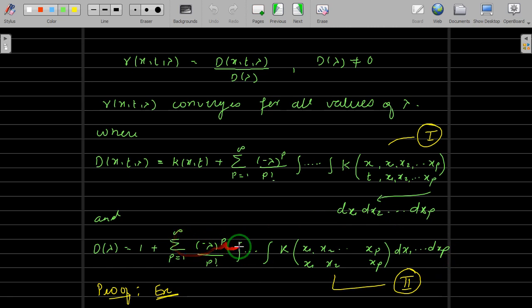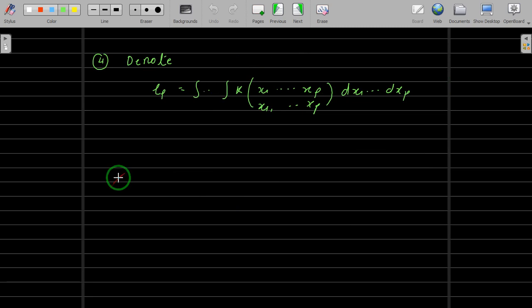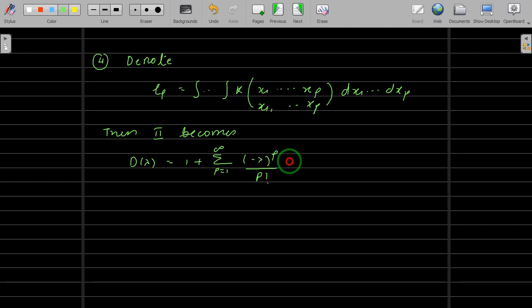So equation 2 becomes D(lambda) equals 1 plus summation p from 1 to infinity of (minus lambda) raised to p divided by p factorial times small cp.